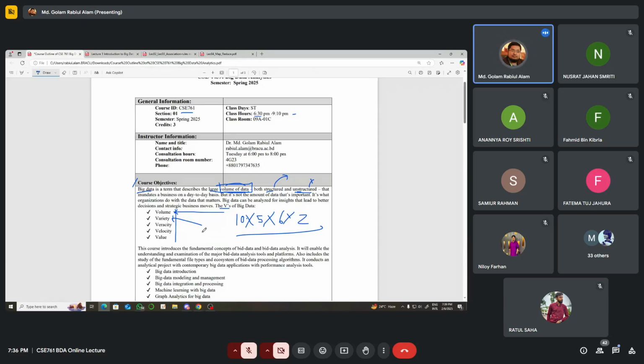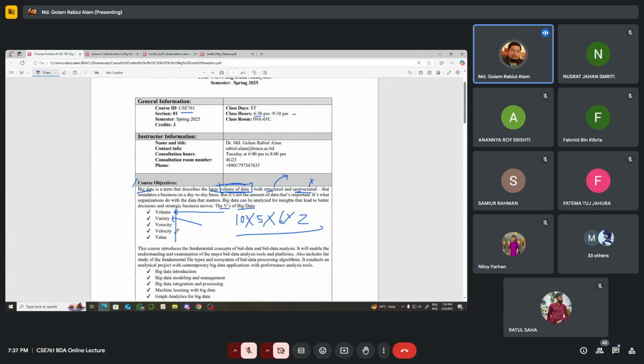It can be different types of data: numeric values, audio data, text data, image data, sensor data, that is signal values. So if we need to deal with those varied types of data, that is also one of the concerns of big data.